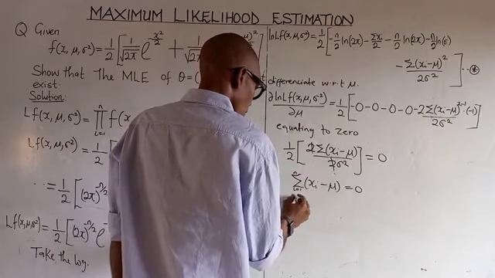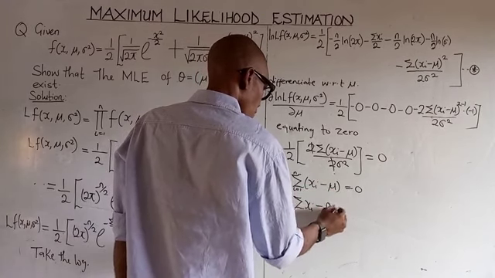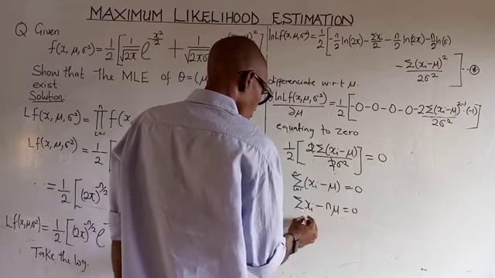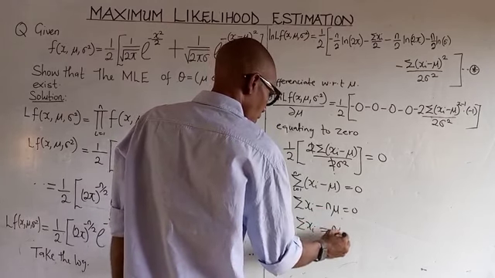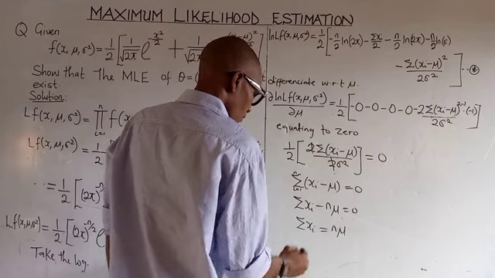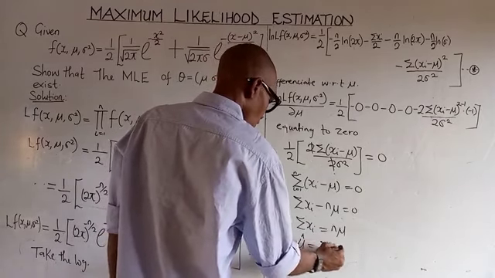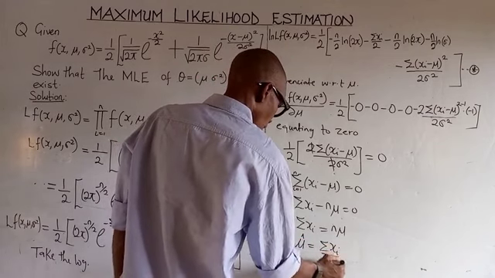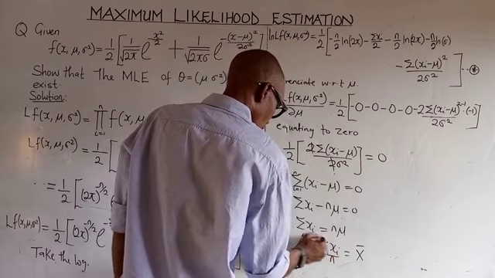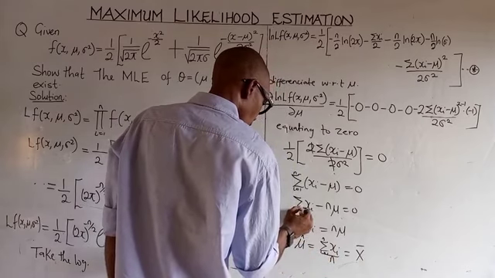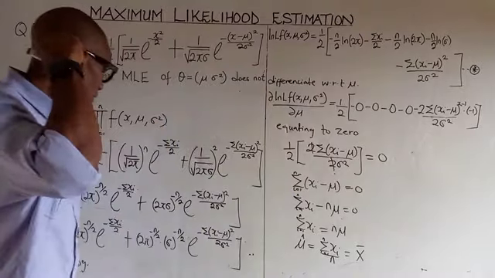So if you take the sum here, we have summation of xi minus n mean equal to 0. So it means summation of xi is equal to n mean. That means the mean estimate is equal to summation of xi all over n, which is the sample mean. The mean can give us that.